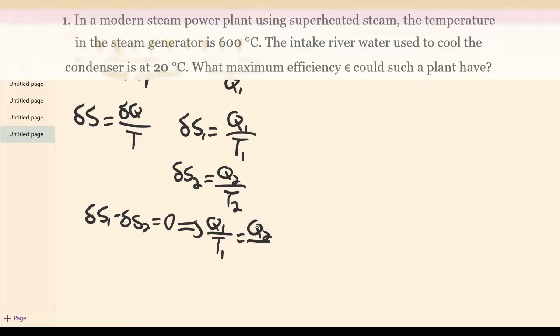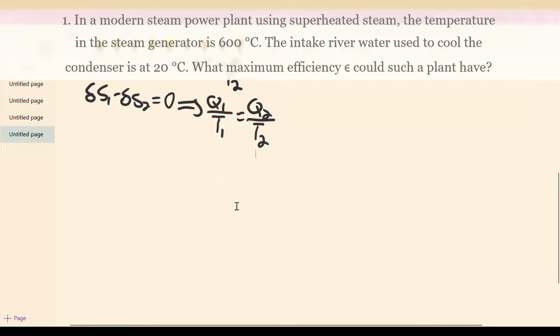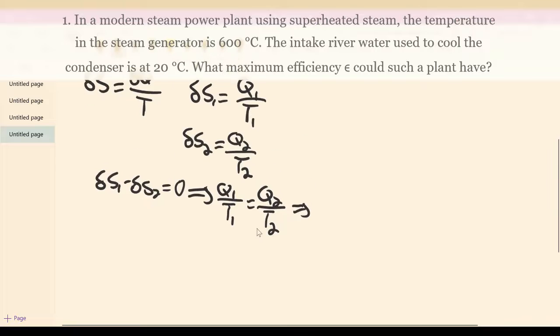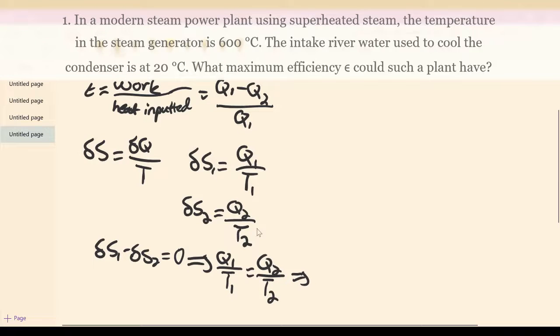So then Q1 over T1 is equal to Q2 over T2, and so Q2 over Q1 is just equal to T2 over T1.